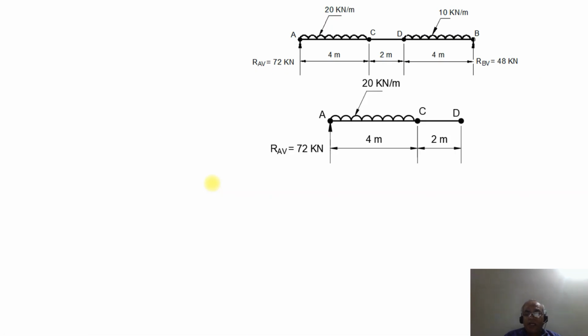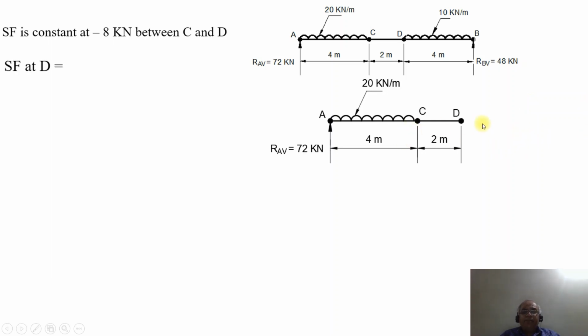We are up to D now. So we have the vertical reaction at the point A, and then the UDL up to C of 4 meters of 20 kilonewton per meter. Then we have the point D, where there is no load between C and D. SF is constant at minus 8 kilonewton between C and D, as no other load is acting on the beam.